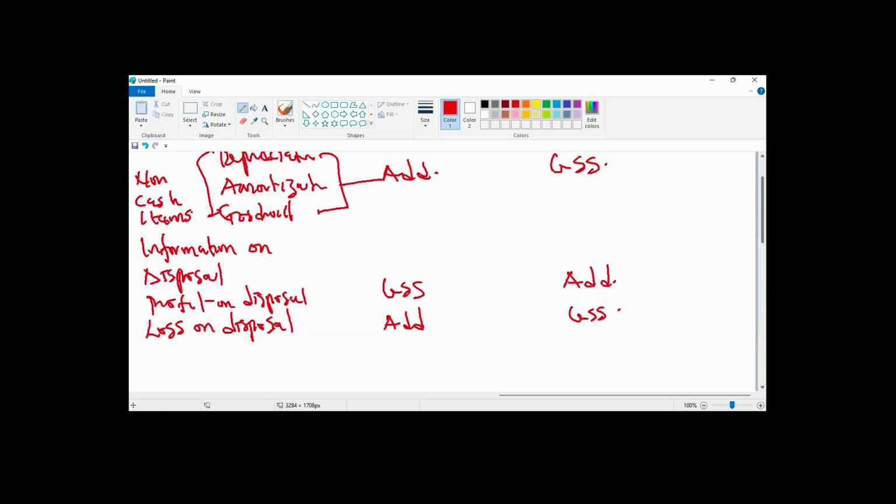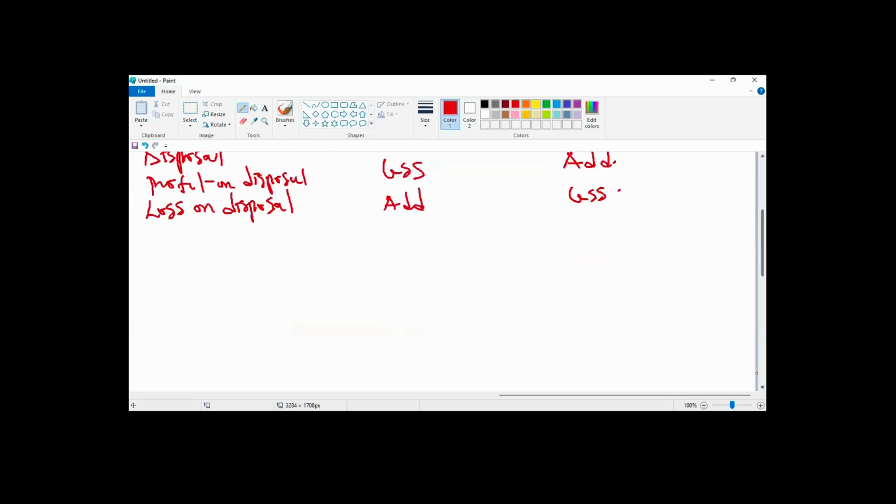And look at these two: accrued expenses slash prepaid expenses.